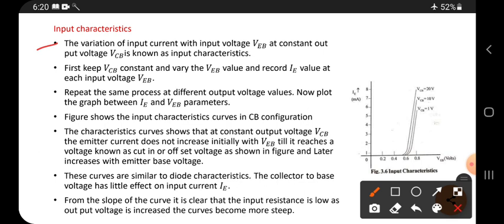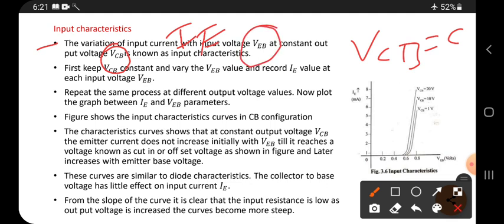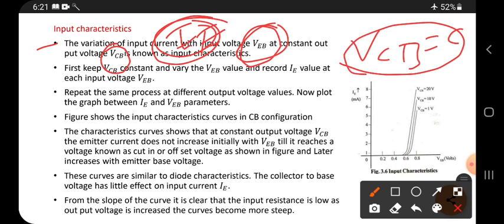So we keep the output voltage VCB constant and change VEB, and calculate the different values of IE at constant VCB.